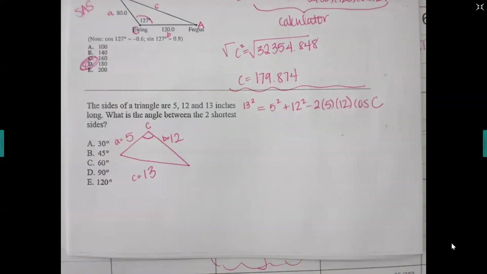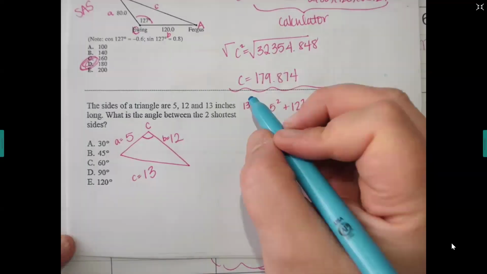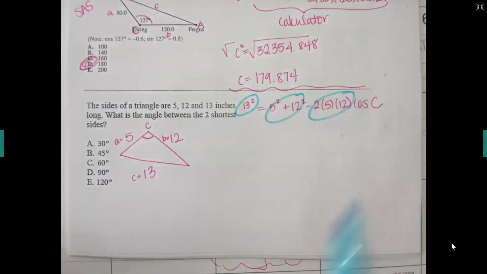Okay, remember that when you're looking for this angle, notice it's got all this stuff on the same side. You can't just type it all in at once. So remember, this is where you would say it's easy as 1, 2, 3. So do the 13 squared by itself, the 5 squared and the 12 squared together, and then the 2, 5, 12 together.